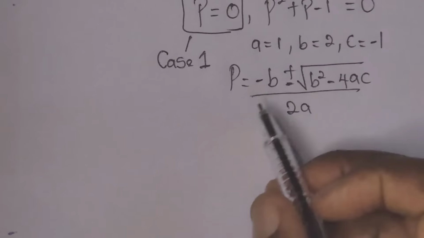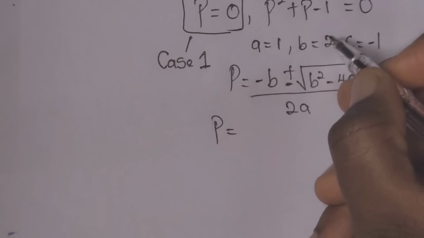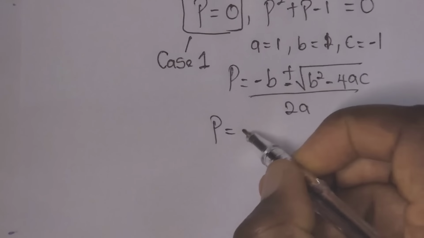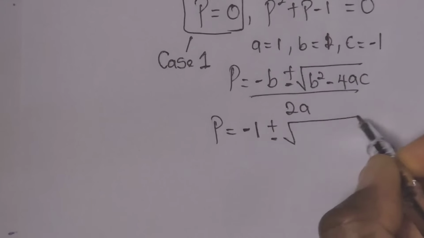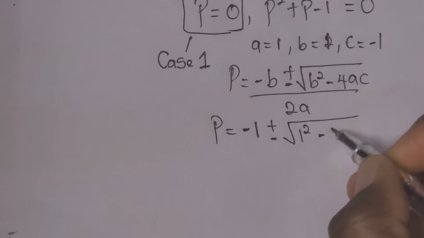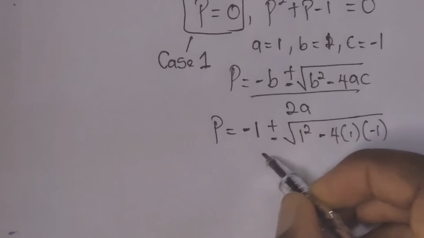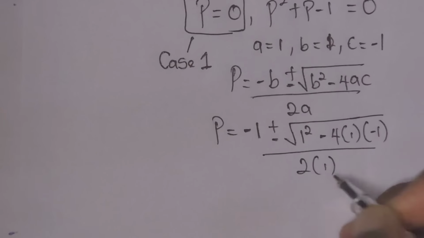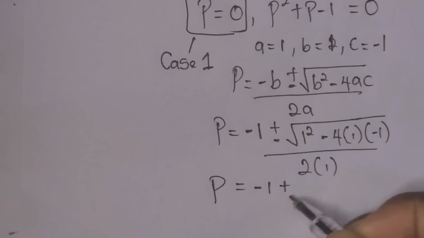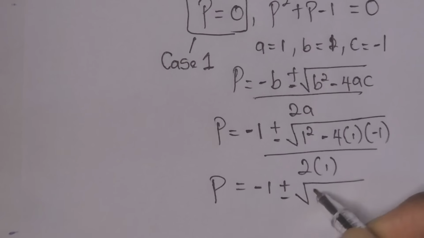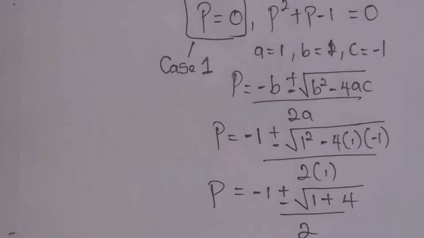So let's input our values. We have p to be equal to, our b is 1, so this is minus 1 plus or minus, we have 1 to the power of 2 minus 4 times 1 times minus 1, over 2 times 1. So we have p to be equal to minus 1 plus or minus, we have 1 plus 4, over 2.